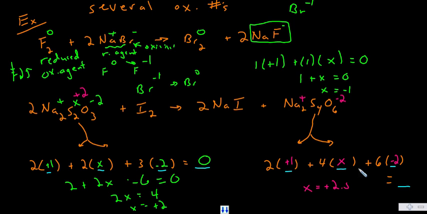Yes, you can have fractions as your oxidation number. And so sulfur is going from plus 2 into plus 2.5. It's going up the number line. It's being oxidized. Sulfur is being oxidized, which means that sodium thiosulfate is your reducing agent.